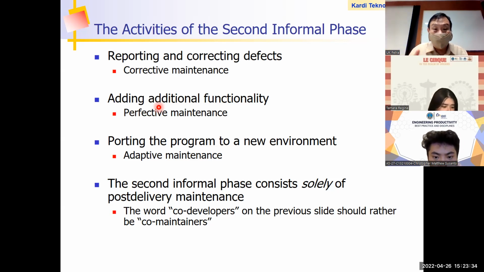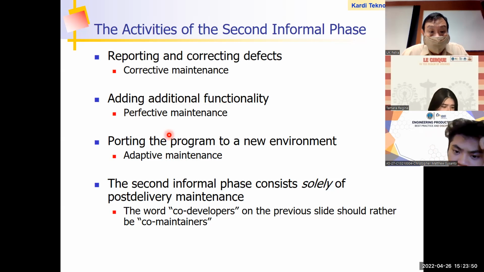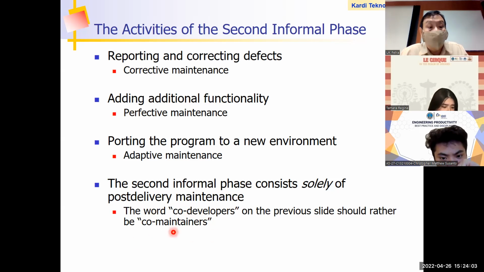And then the core team will be the one who adds it to the core program. Sometimes they say, okay, I will port this program to a new environment. Again, this is adaptive maintenance. Now, this second informal phase is basically post-delivery maintenance. So the word co-developer now becomes co-maintainer.